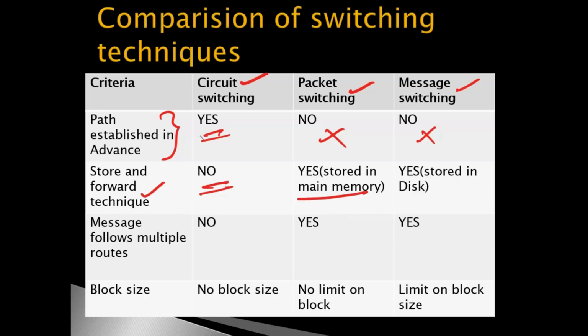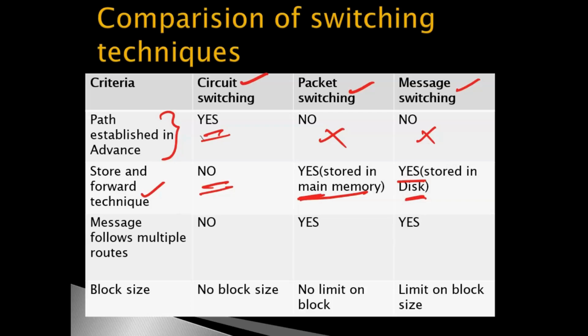What we have studied in packet switching is that each of the packets with different block sizes is transmitted to each and every node, and it reaches the destination. In message switching, we use the store and forward technique, and the message is stored on the disk. In packet switching, the message is stored in the main memory.